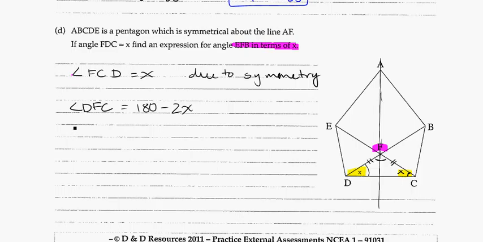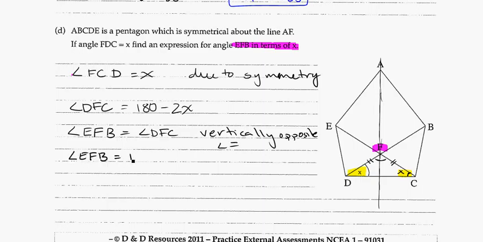But what do you notice about angle DFC? What else is it equal to? Hopefully you see it. Angle EFB is equal to angle DFC. And my reasoning for that is these are vertically opposite angles. Okay, so since they're vertically opposite angles, they're equal. So angle EFB then is equal to 180 minus 2x.